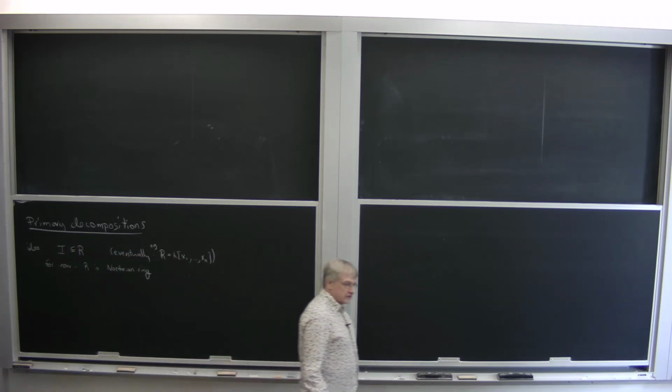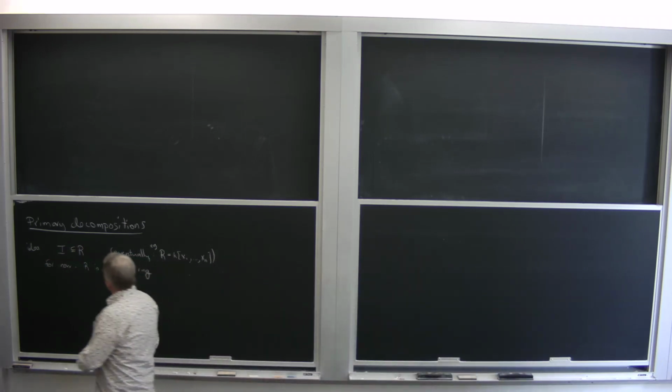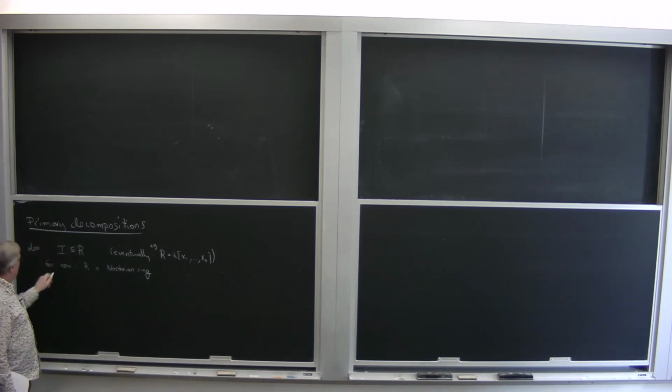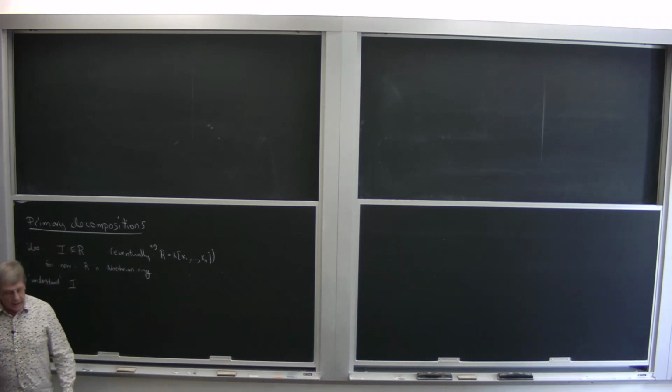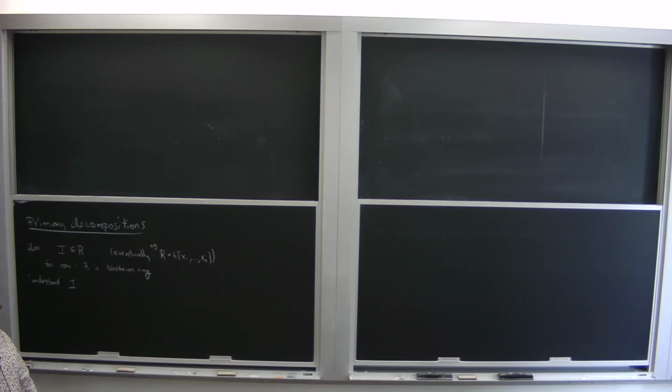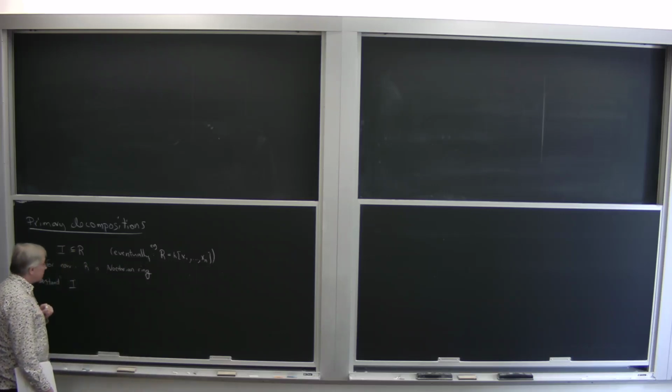So every ideal is finitely generated, all that kind of stuff. And the idea is we would like to understand I. This is an extremely vague notion. In fact, the whole field of commutative algebra would be gone if we had already solved this problem, probably. So anyway, we want to understand I.